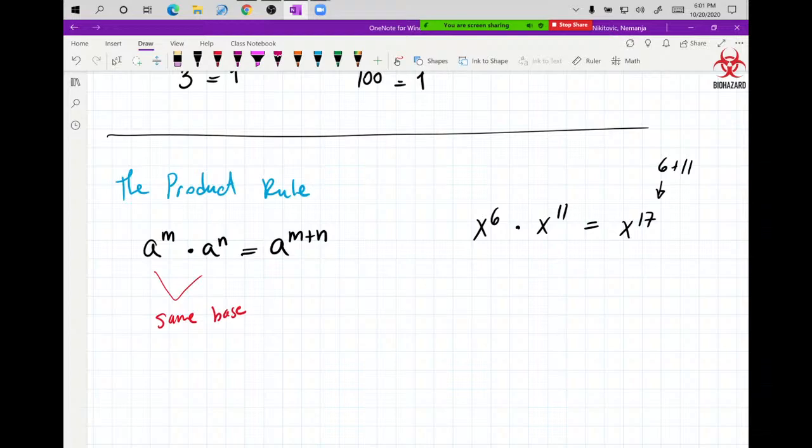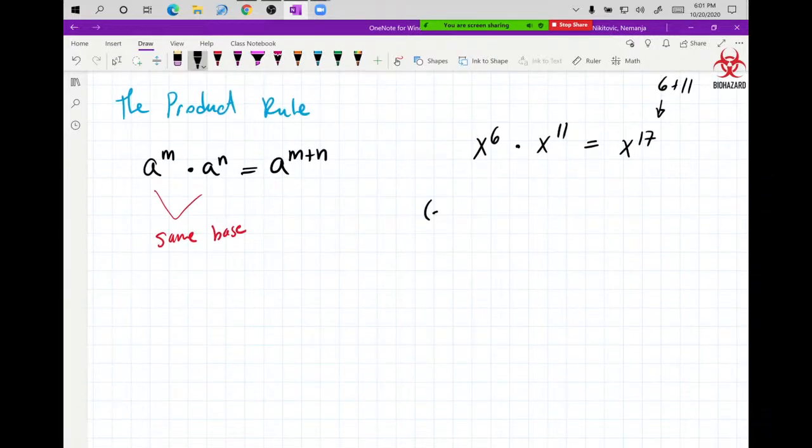So they say, how about you multiply y to the 7 times y cubed times y to the 0. What do you think the answer is?